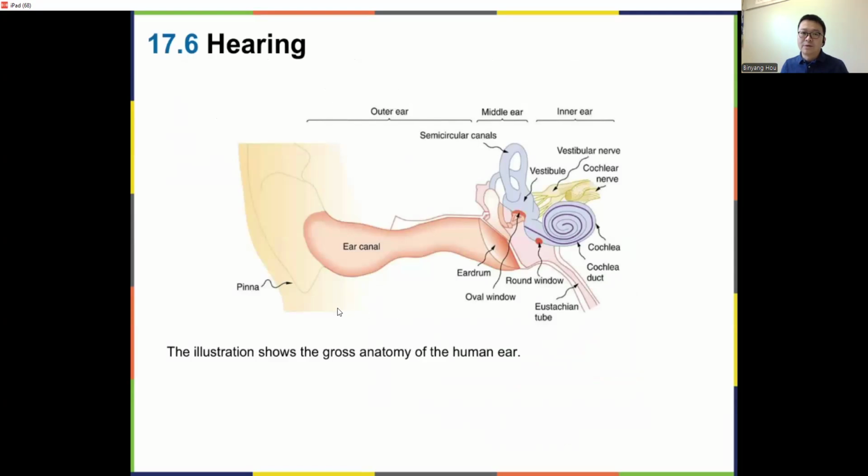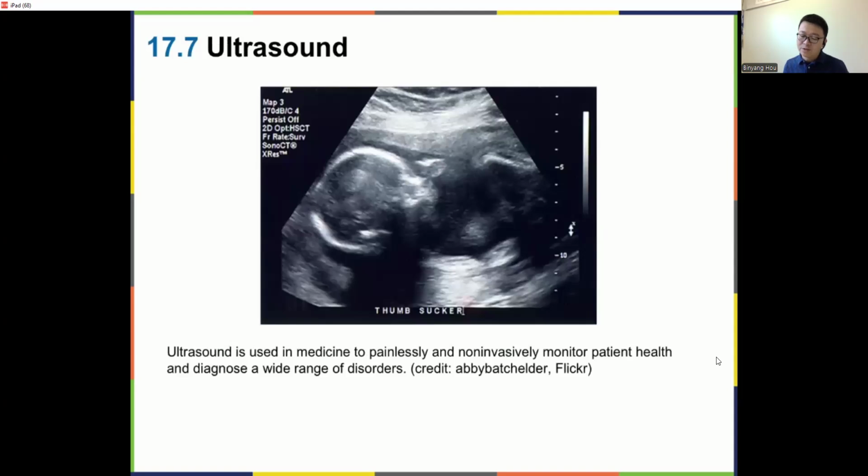You can read it on your own. Basically, how the eardrum works and the signal being transported to the neural system in your head. And then the application of sound, specifically ultrasound in the medical field. This is an ultrasound picture of a baby in the womb.